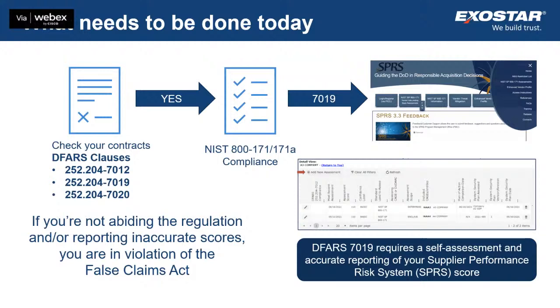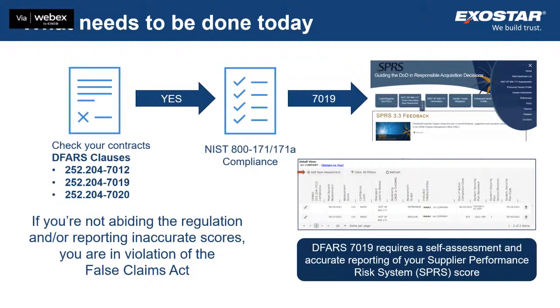Now, if you've got the 7019 clause in there, what that requires you to do is do a self-assessment and score that self-assessment. And in order to score that self-assessment, that's where you use the NIST 800-171A, right? That's the assessment guide.